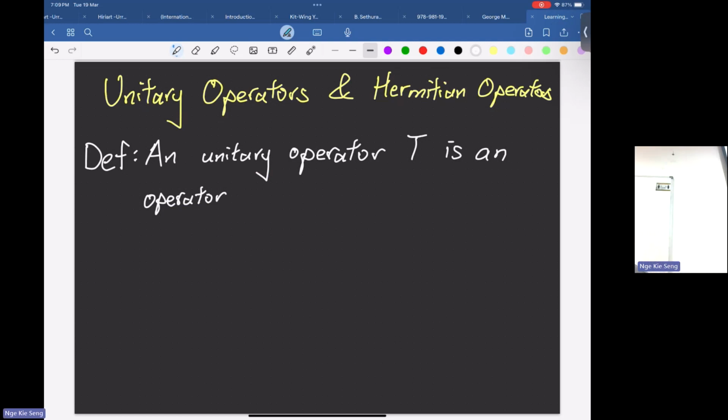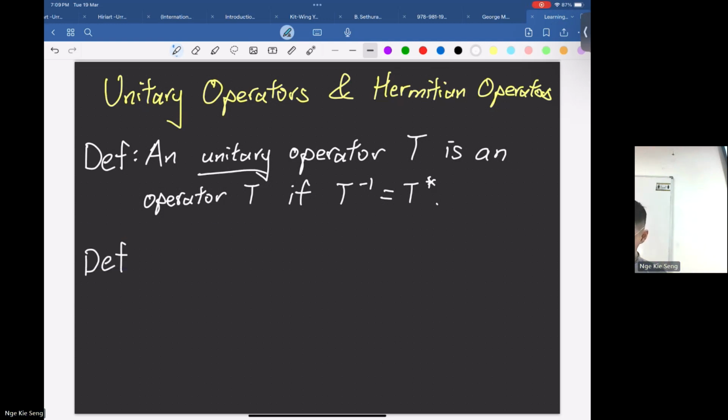It is a unitary operator if T inverse equals T star. So the inverse of the operator is the adjoint. The adjoint is the inverse.